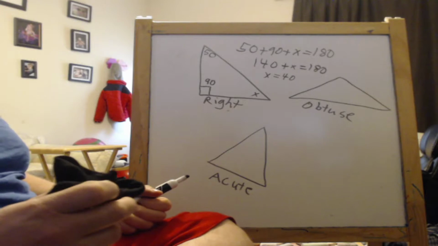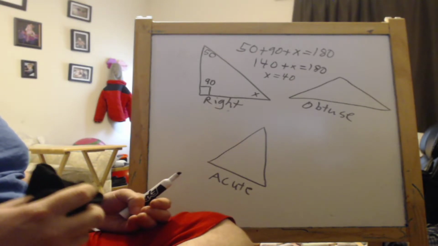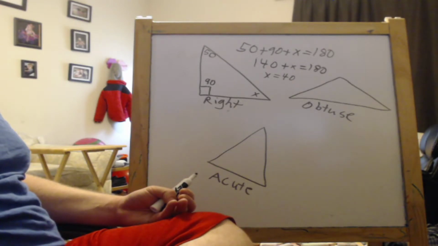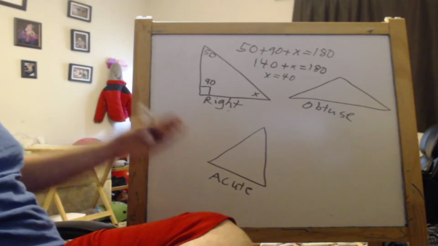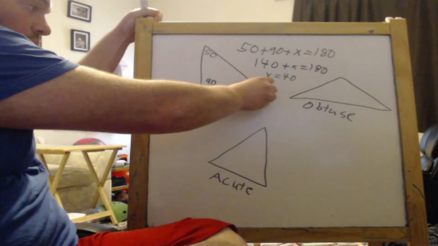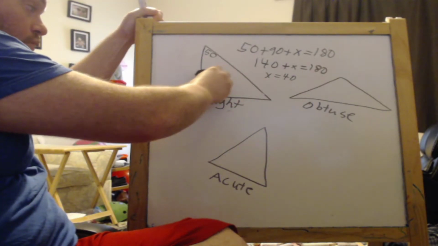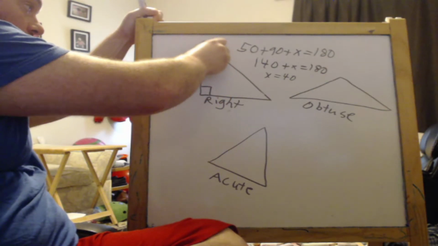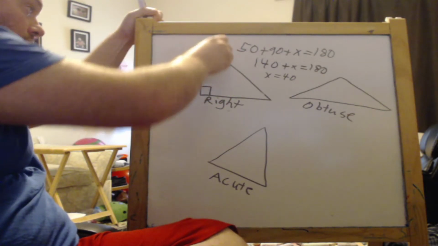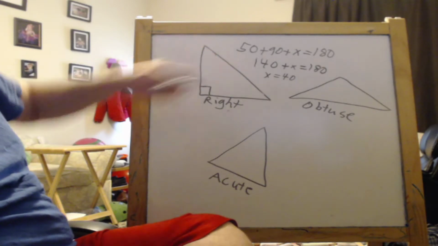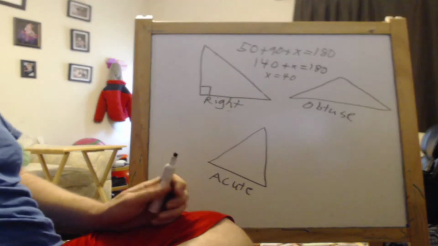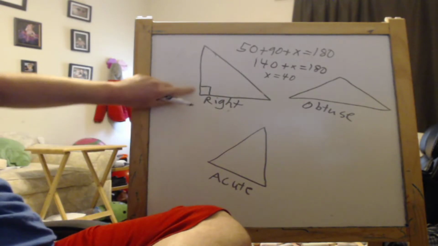If they didn't equal 180, the triangle wouldn't close, basically, or the lines would not be straight. There would be something wrong with it. If you draw a triangle with straight lines, all of the angles are going to be 180.